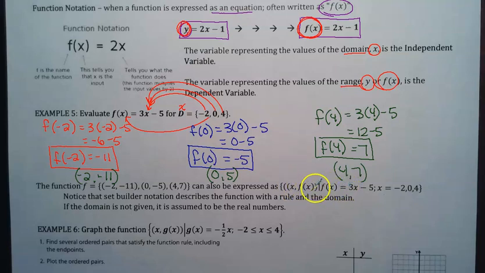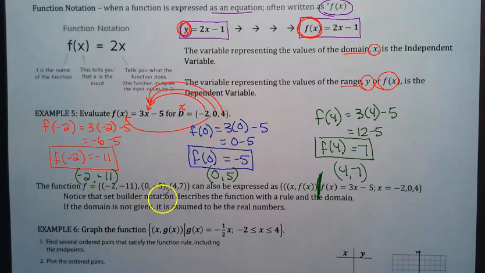All we've done is replace the y with the f of x. So it's x, f of x such that f of x equals 3x minus 5 when x is equal to -2, 0, and 4. It's the exact same thing as the problem we did. We're just putting it in set builder notation.